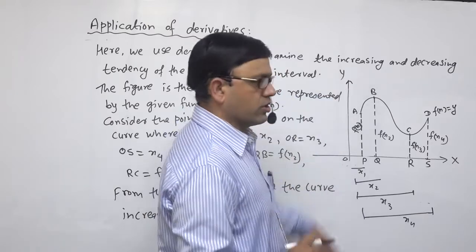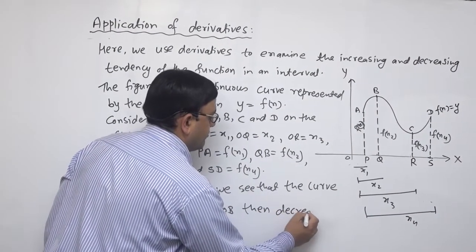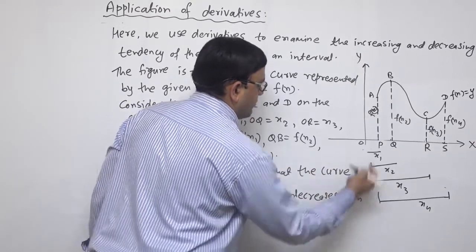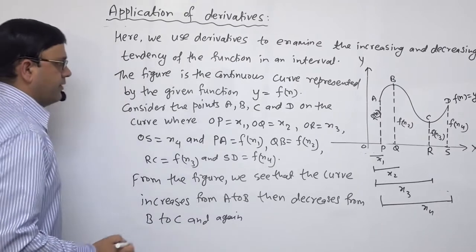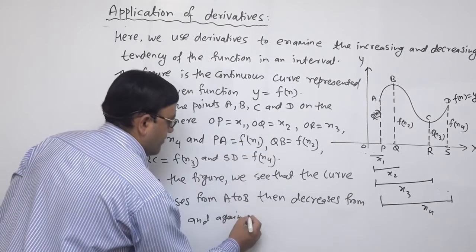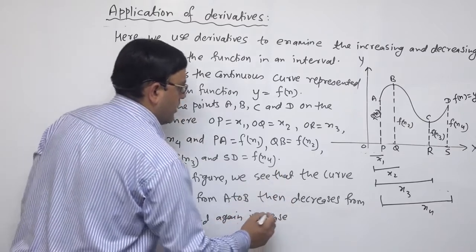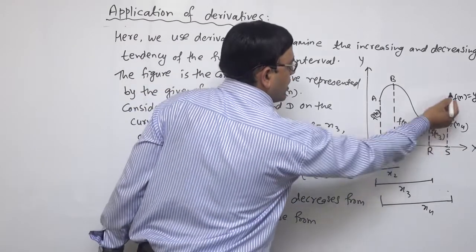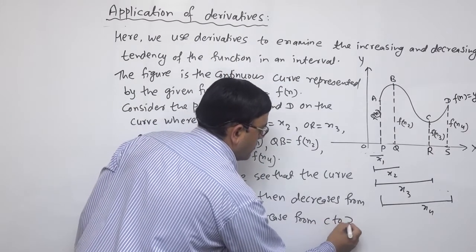So it is increasing. Then it decreases from B to C. Again it increases from C to D. Again it goes up here from C to D.